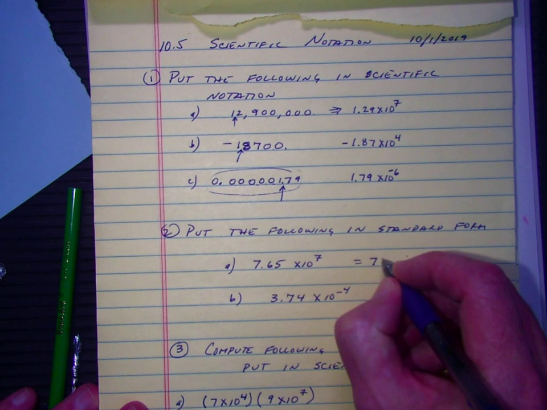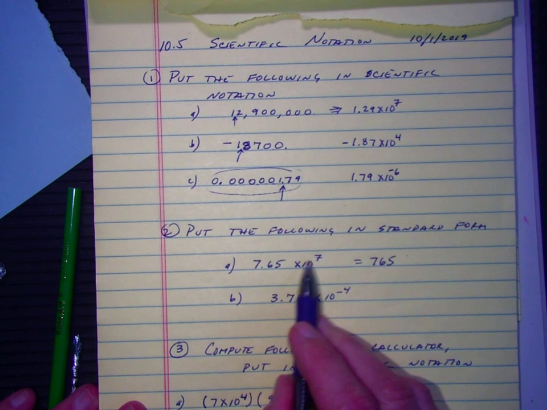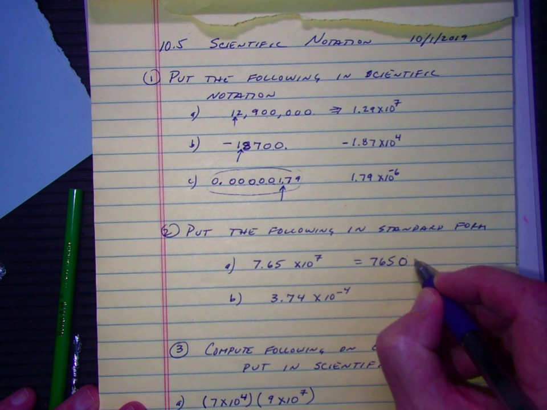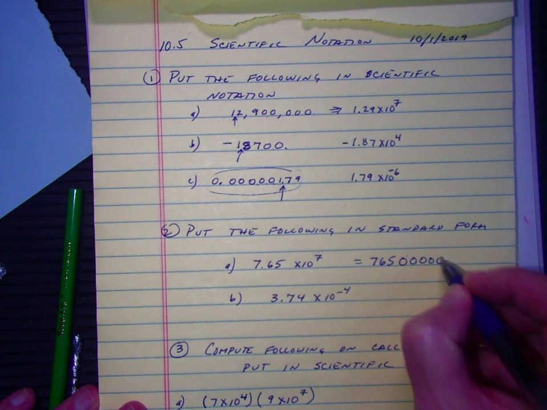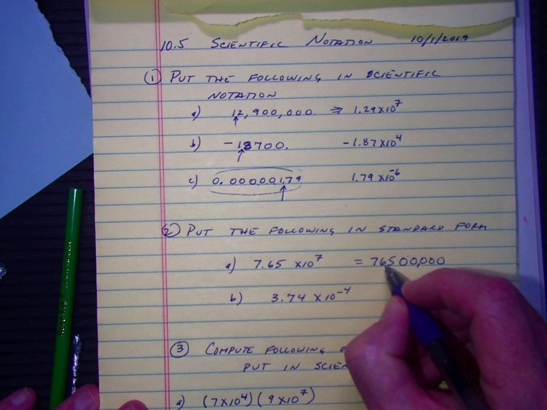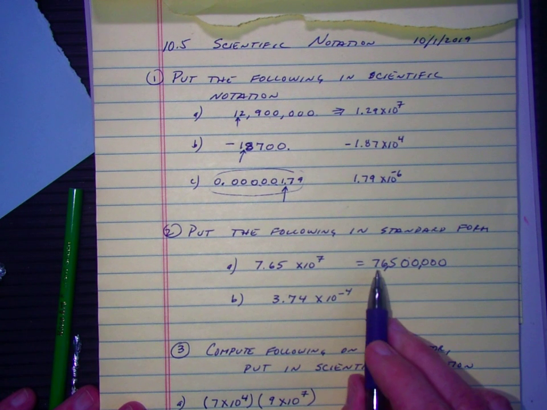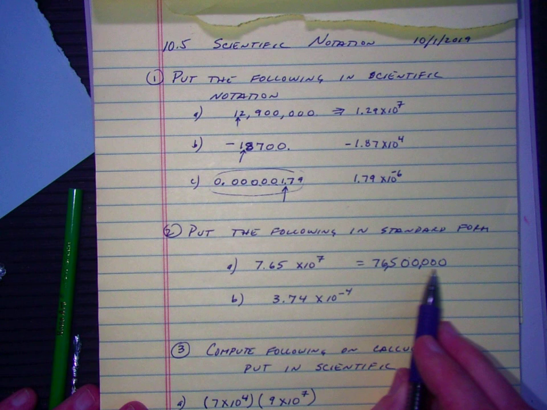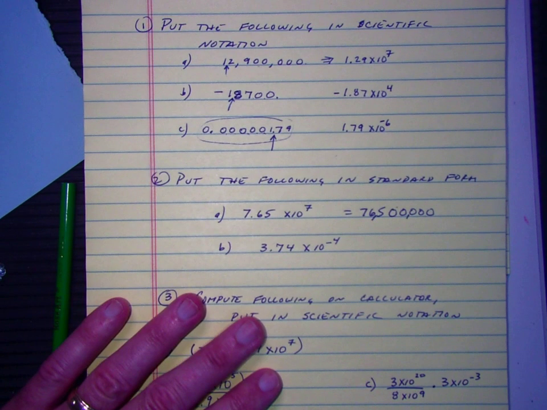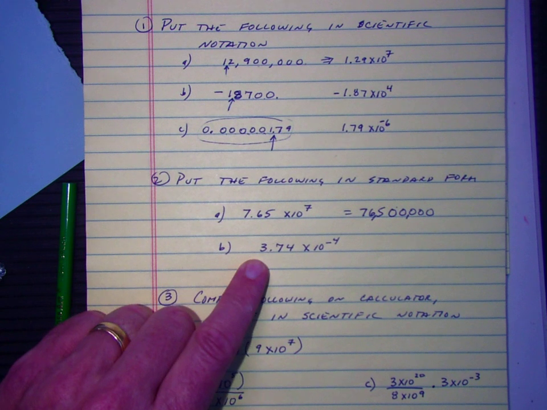So that's 765. I need to move it a total of 7, so I have to move it 5 more. So 1, 2, 3, 4, 5 zeros. I'm going to put my commas right there and right there. So that's 76,500,000.